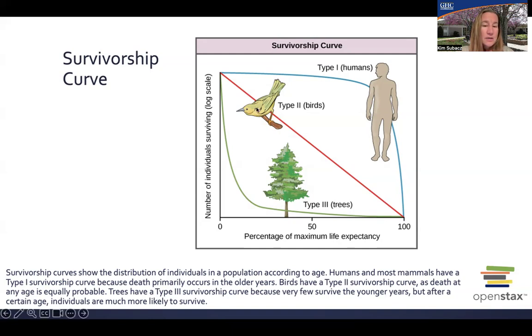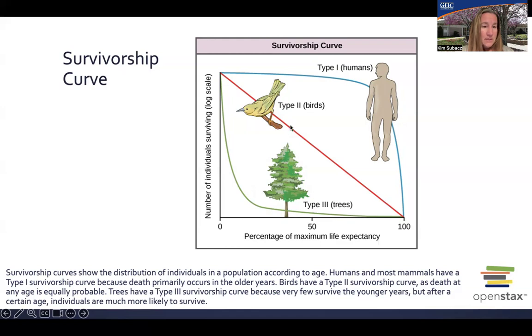But the majority of the seeds don't land in places that are great when they sprout, and they don't make it to adulthood. You can see the green line for the trees, the type 3 curve, drops off steeply in the first year, the second year. Odds are small, but once you've made it there, it looks good for you.